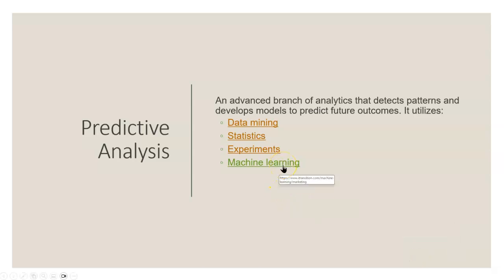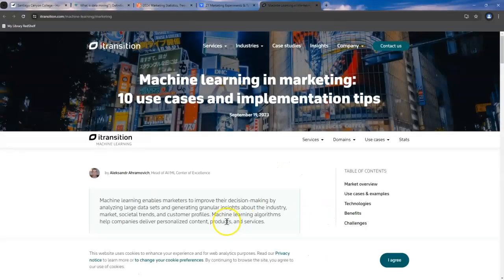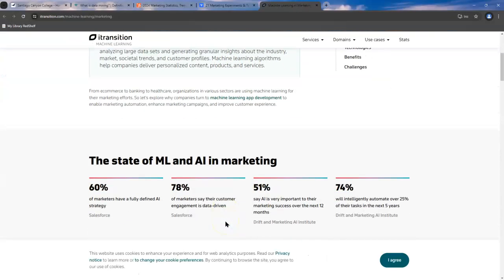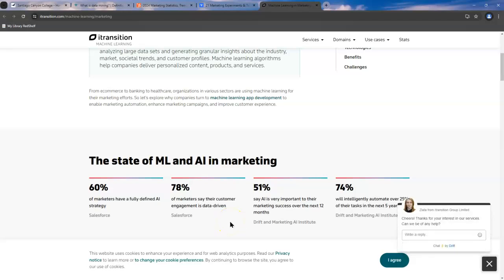Machine learning. So all of you know that AI is taking over. It's not taking over the human race, but it is taking over a lot of the functions that may have been tedious or, let's say, redundant.